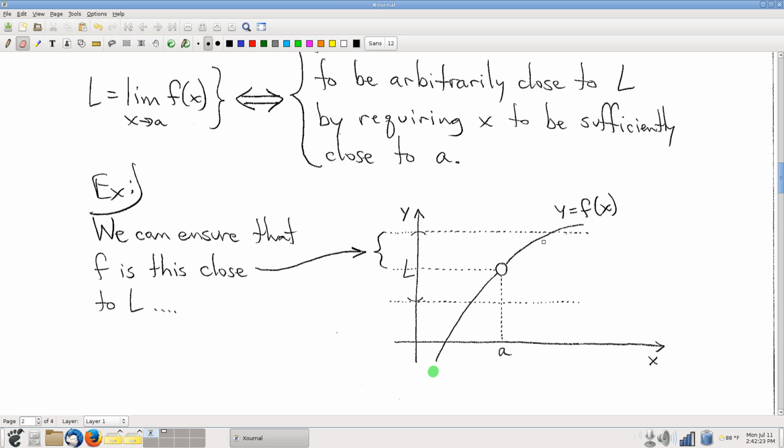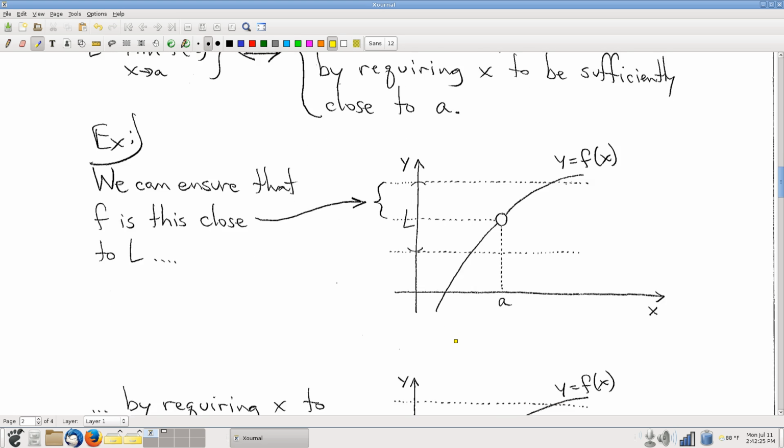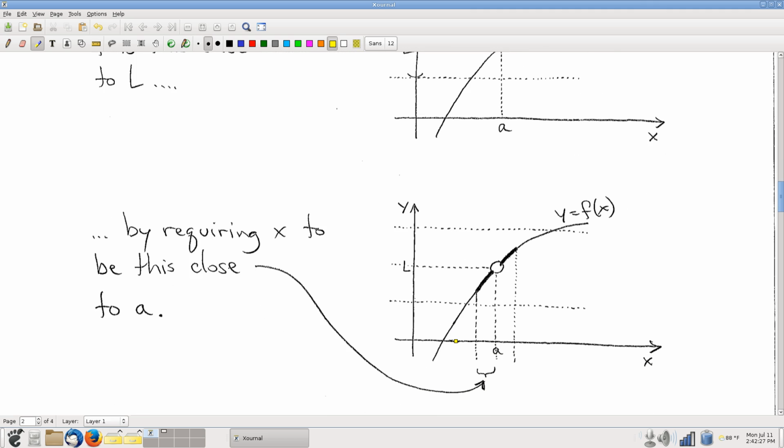Well, yes, I can. The way I'll accomplish that is by requiring x to be no more than that far away from A. In other words, requiring that x be somewhere in here.